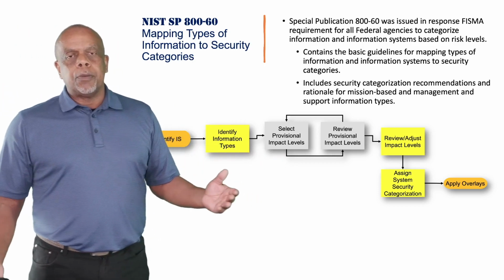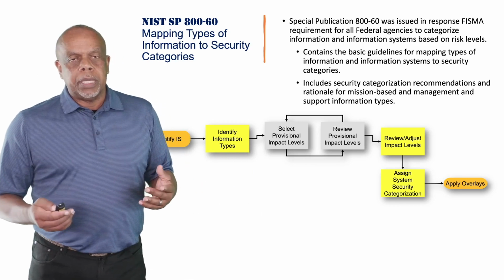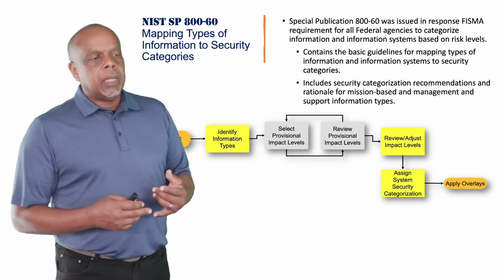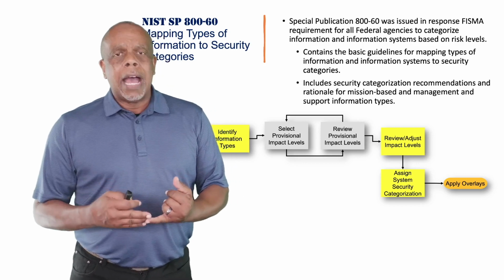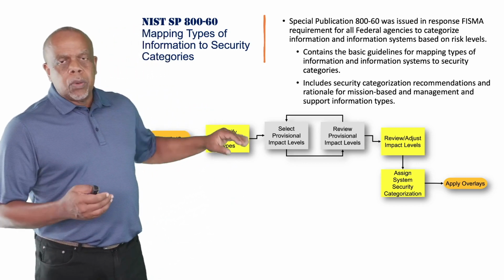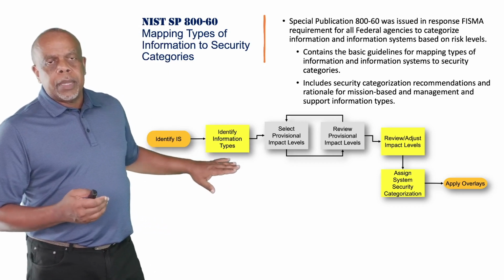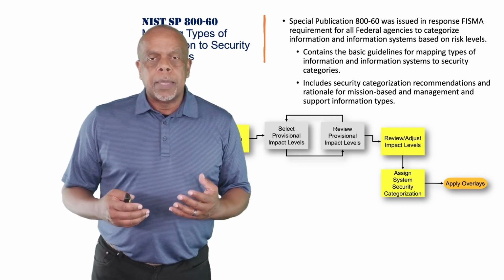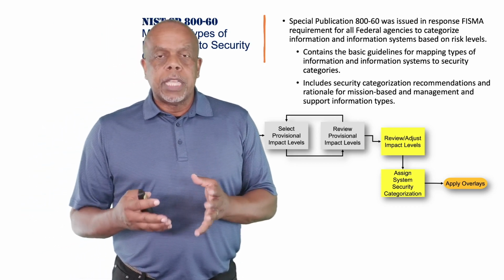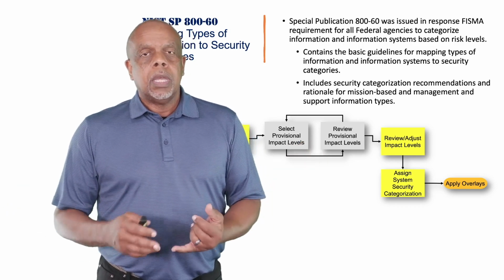Then we select some type of provisional impact levels. Typically, our impact levels are going to be high, moderate, or low. And when we're looking at information types, we want to know what type of categorization we want to use. In the realm of security, what do we use?